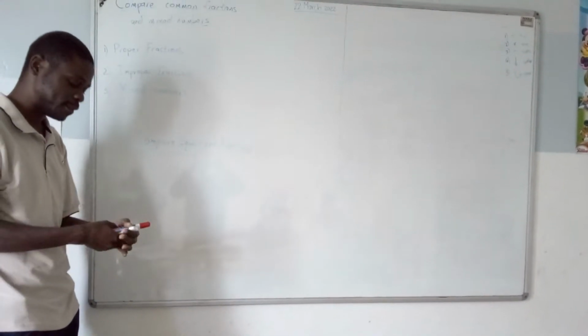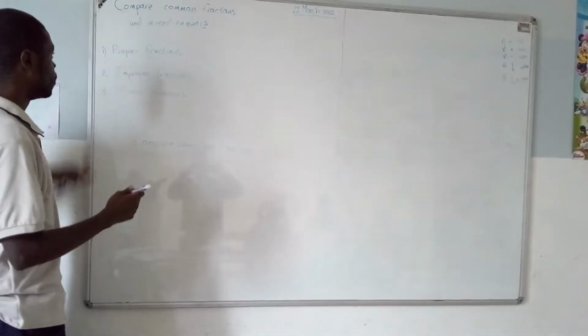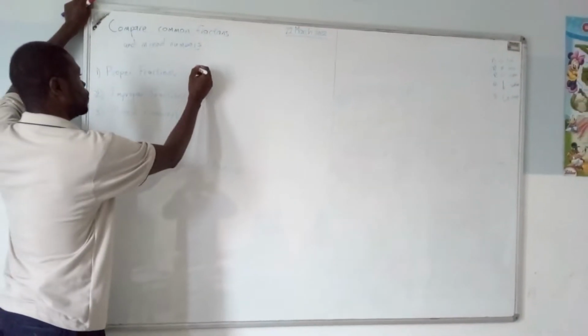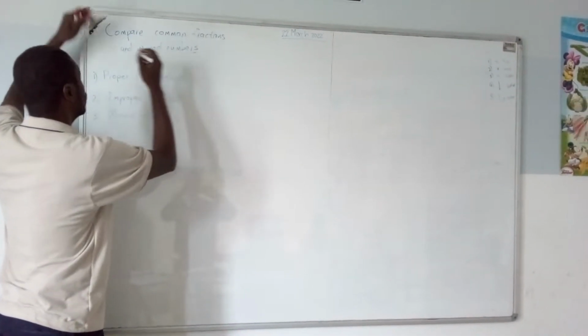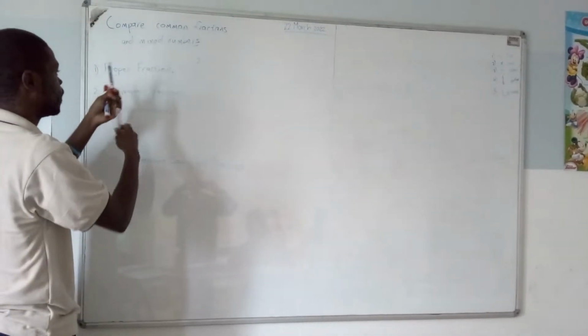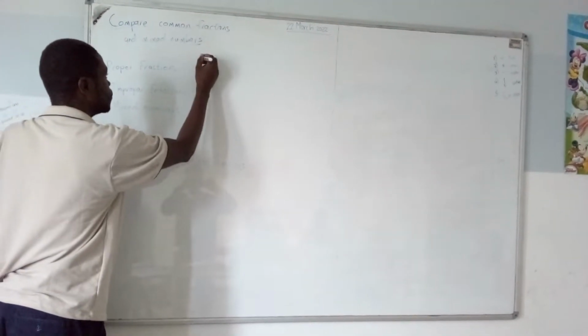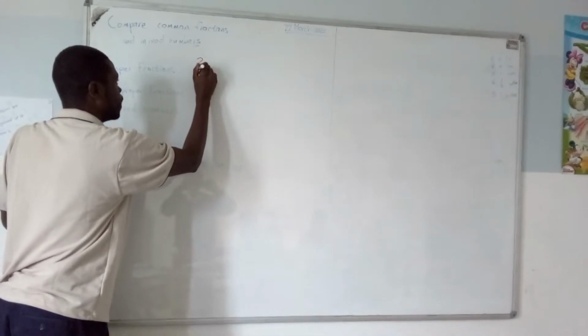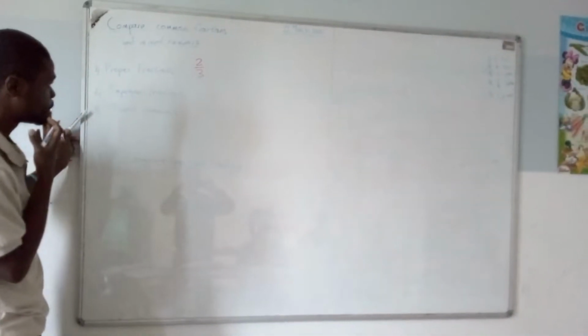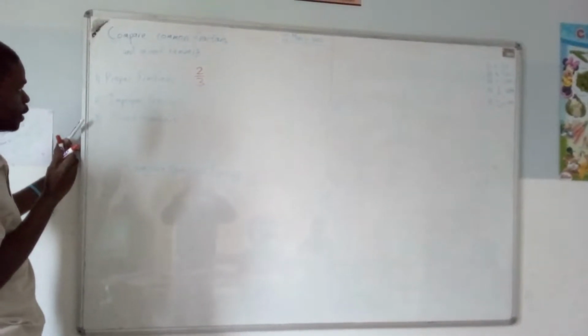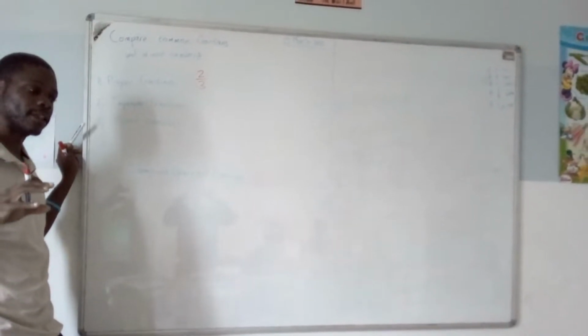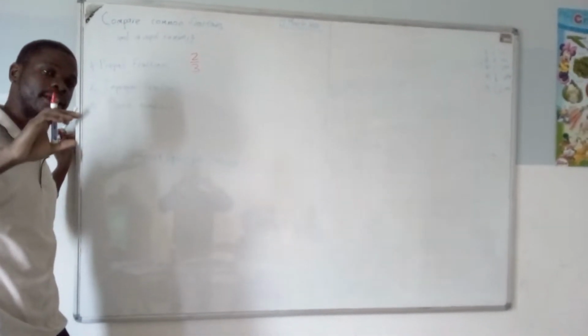Are we together? Now you can say, what is a proper fraction? For example, 2 over 3. A fraction has two parts: a numerator and a denominator.